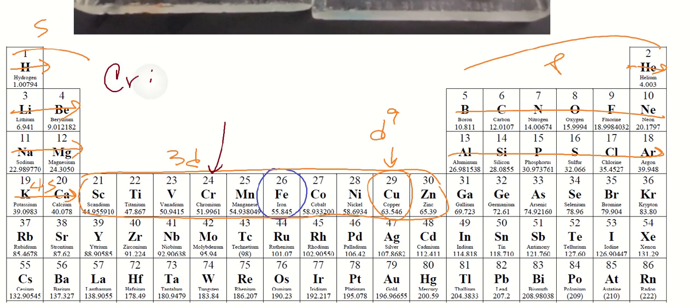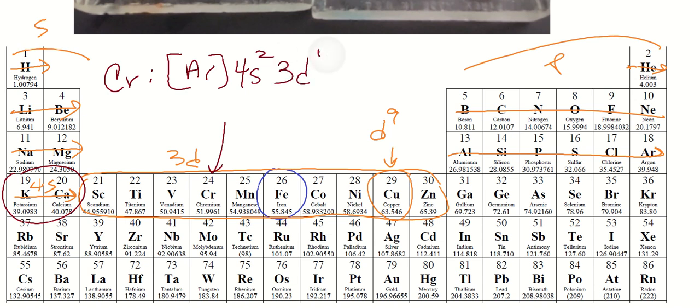Chromium's electron configuration is going to be argon, plus this here is the 4s2, and then the 3d4. Now this is actually an exception, but it doesn't matter because you're removing three electrons.